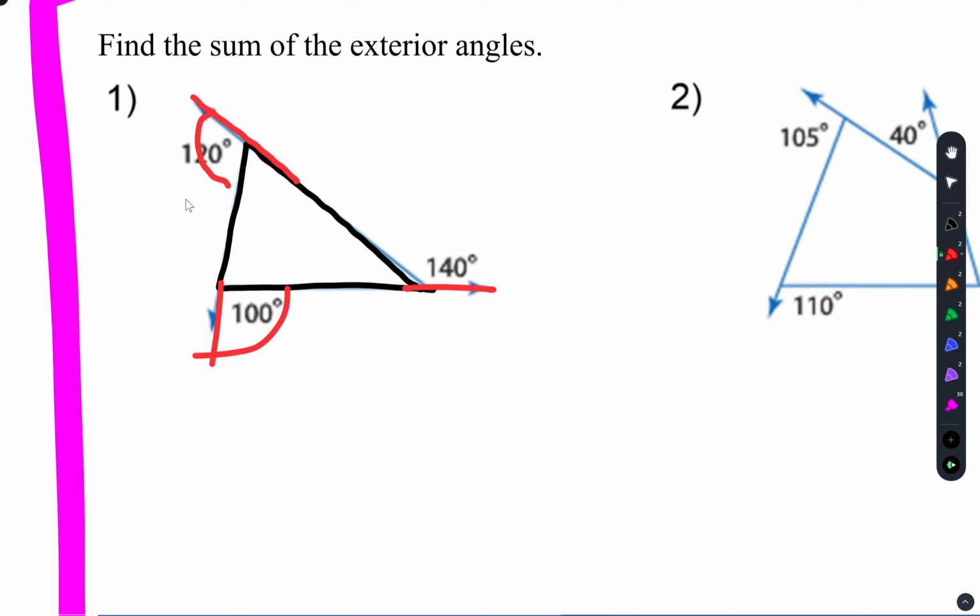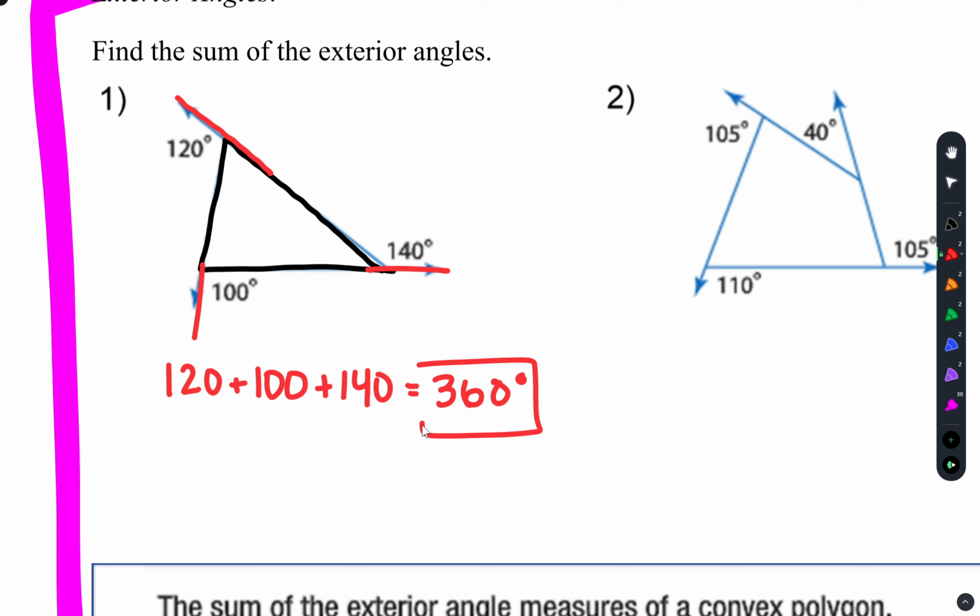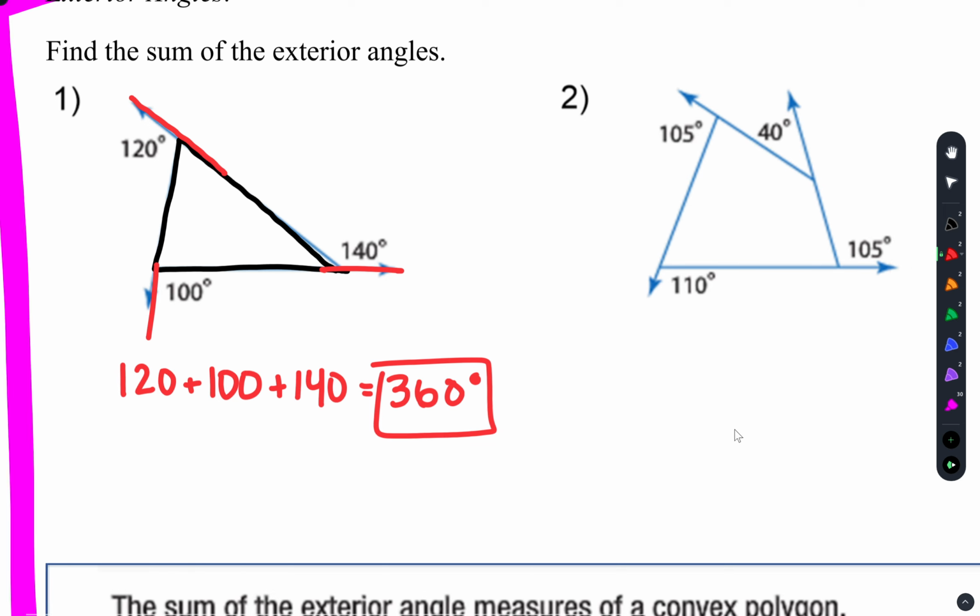Let's add together these exterior angles. So here's a triangle. I want to figure out the sum of its exterior angles. So I would do 120 plus 100 plus 140. Add that all together. We get 360 here. Let's look at another shape.